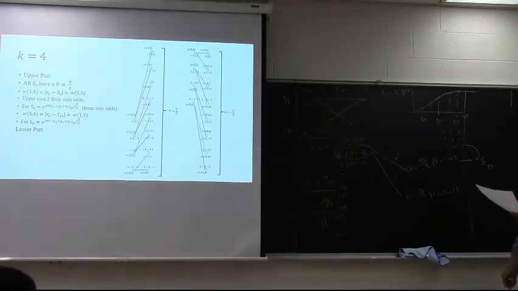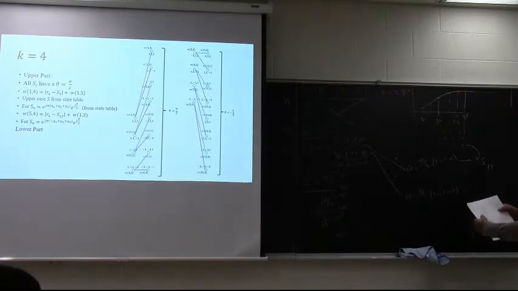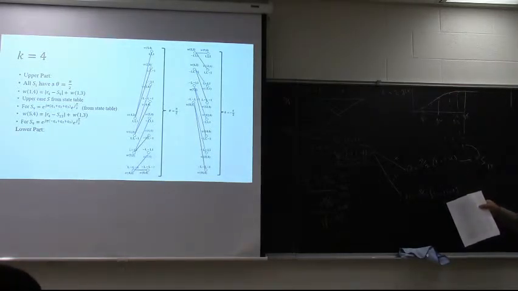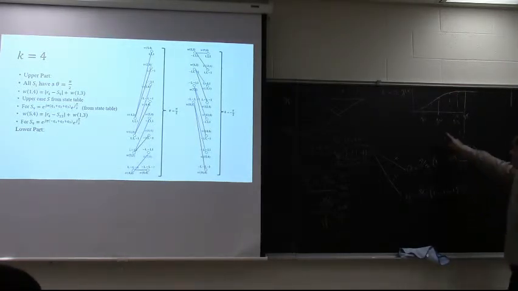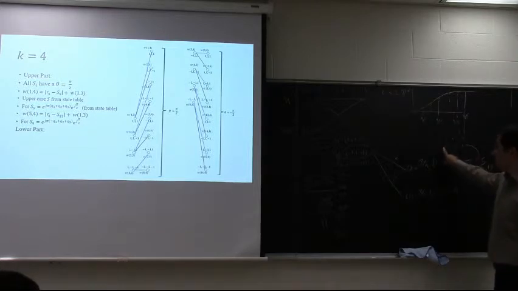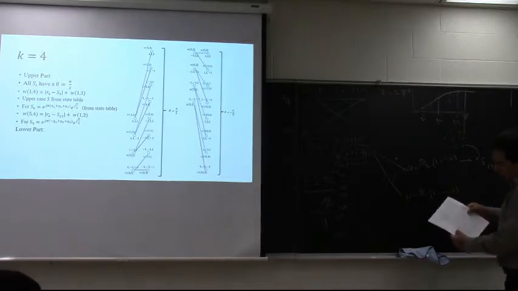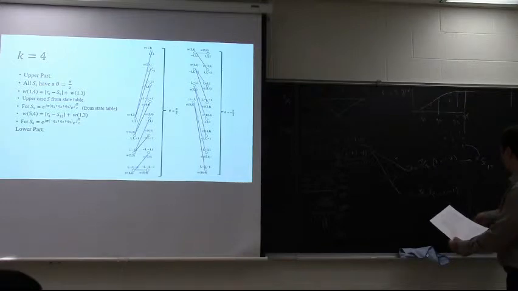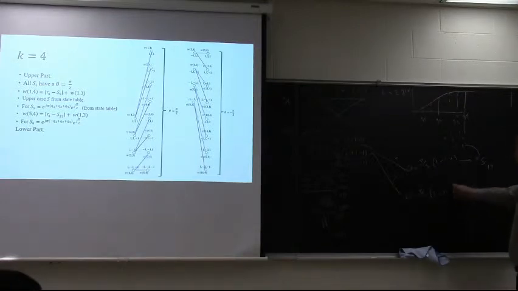Am I right? Yes, 19. Look at the table. This one is 17, this one is 18, this one is 19, because you have 1, minus 1, 1. When this one goes to state 19, this one goes to state 20.